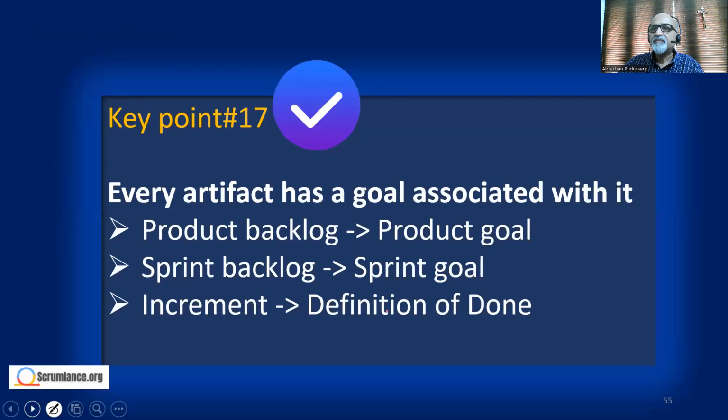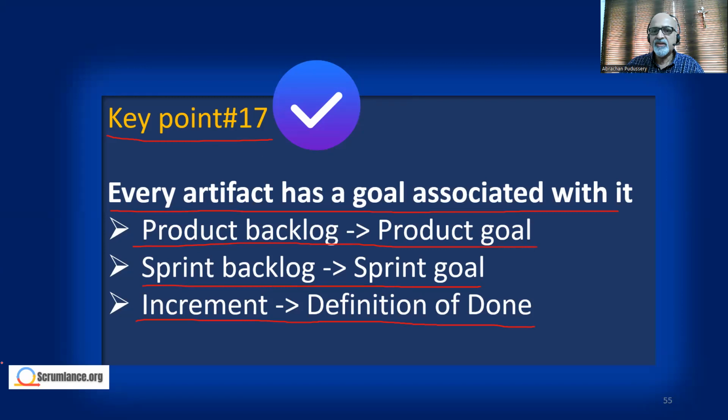Now, key point number 17, please note it down. Every artifact has a goal associated with it. The product backlog is driven by the product goal. The sprint backlog is driven by the sprint goal, and the increment is driven by the definition of done.